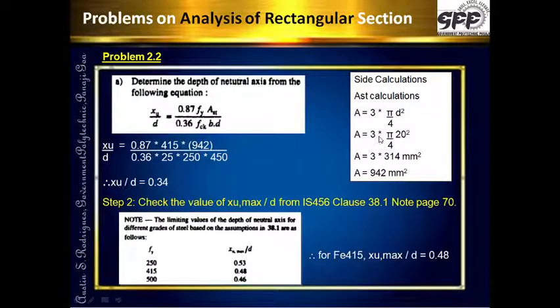So 3 multiplied by pi by 4 into 20 square. This area comes to 314. So area comes 3 into 314 as 942 mm square. So we have the area of steel as 942 mm square.